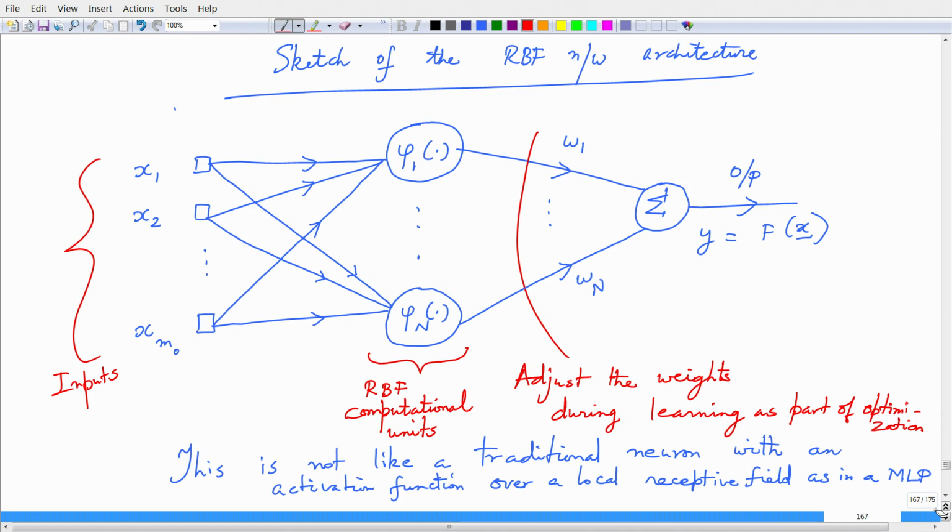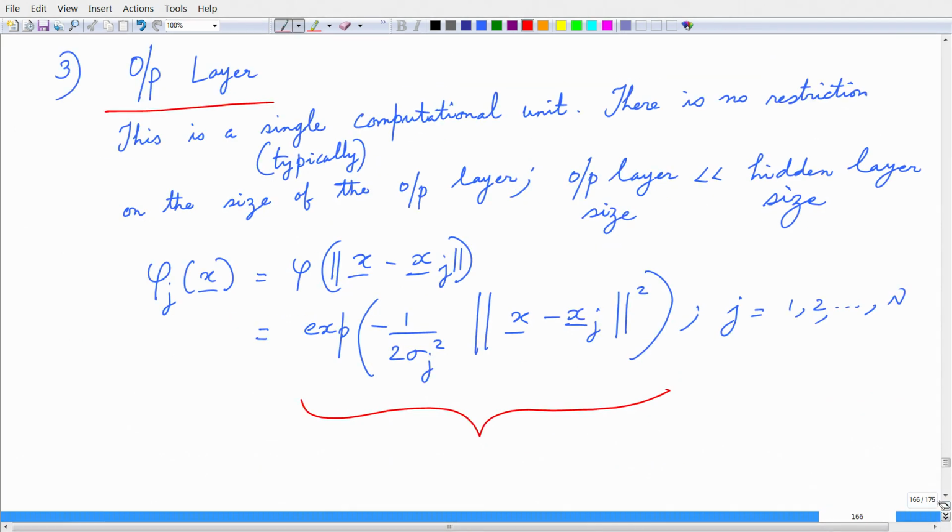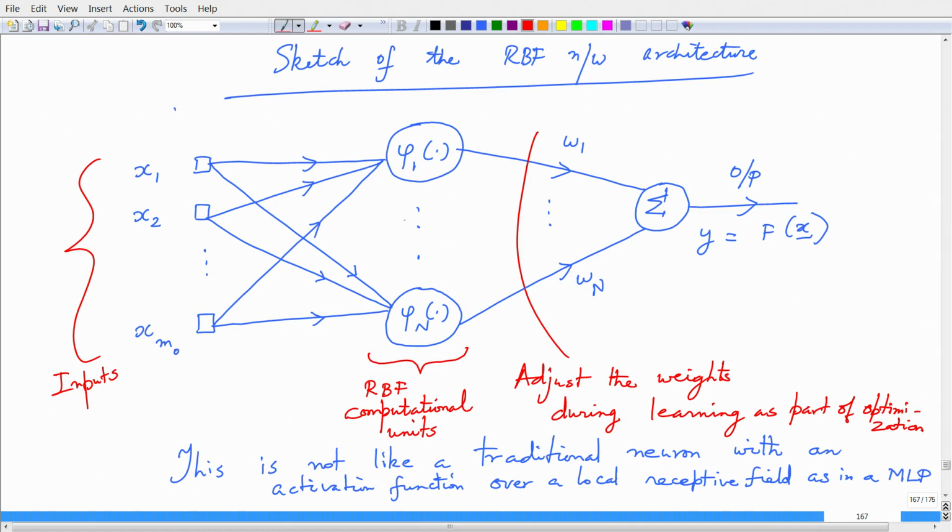There are no weights connecting, it is a direct link with a value of plus 1. Now, in phi 1 through phi n, we have these Gaussian units, and we discussed in the previous slide that this is how we would have the form of any phi j, and that is what we are going to have here.